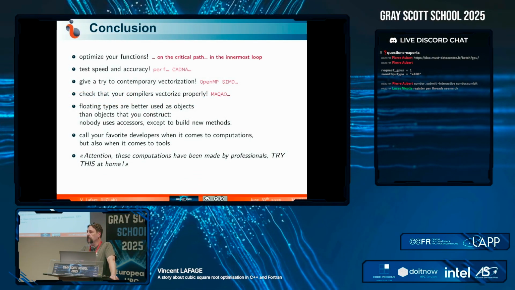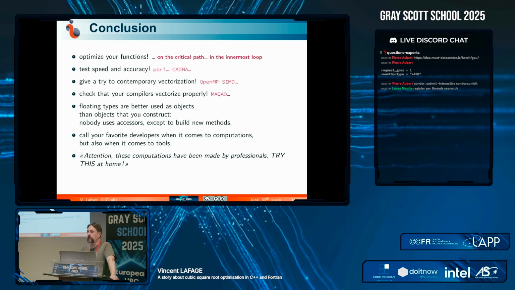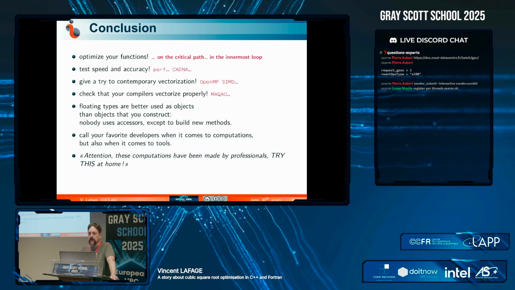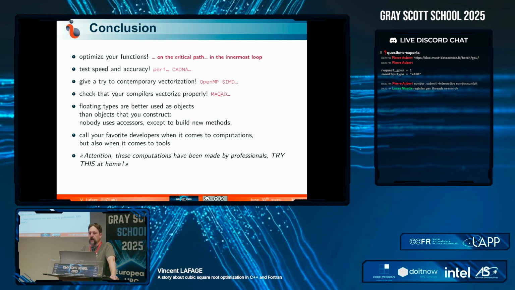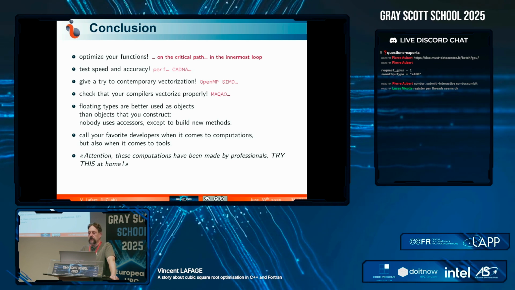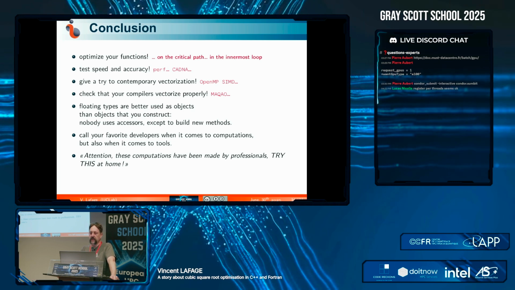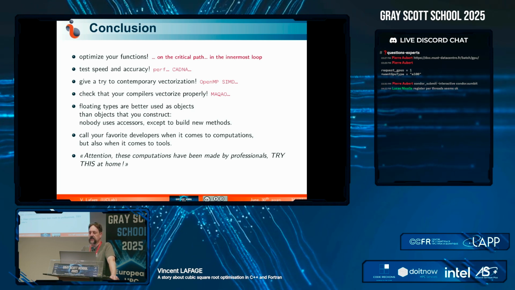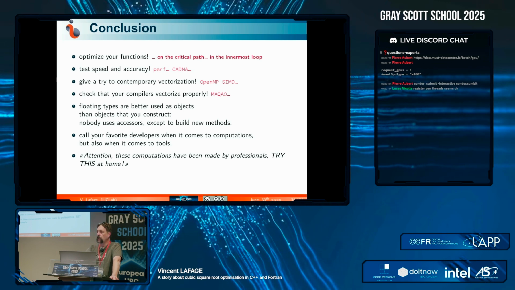Give a try to contemporary vectorization if you are not in C++ and cannot capitalize on the work of EVE. It's a bit difficult. OpenMP SIMD does not work by itself. You have to check that your compilers vectorize properly.